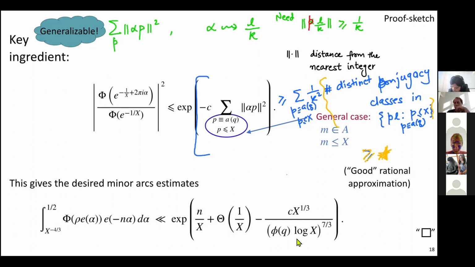Now you can compute this sum. In the beginning you had this generating function ratio. You converted that to this nearest integer function, then you counted the number of distinct conjugacy classes, found a lower bound for that, and then you sum over these primes. And the sum over primes is done by the prime number theorem.